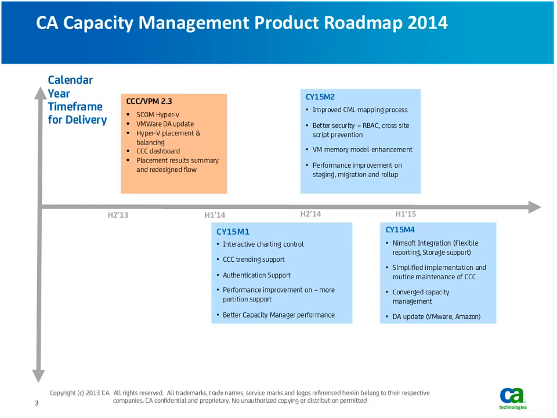We're going to deliver role-based authorization for the product, and also additional security controls. For example, cross-site scripting will be prevented. That's one of the security holes we identified, which will be addressed in milestone 2.